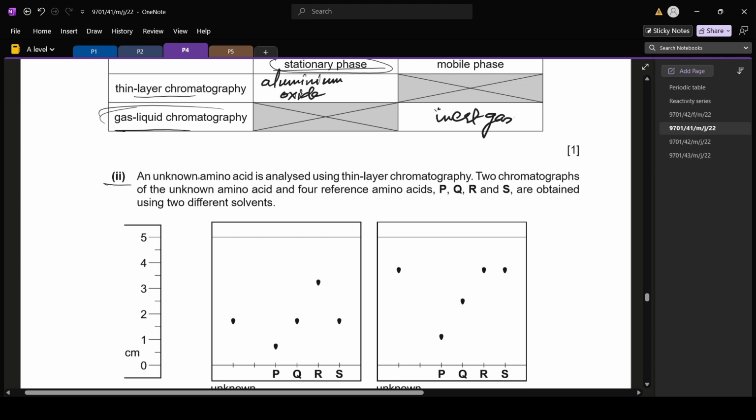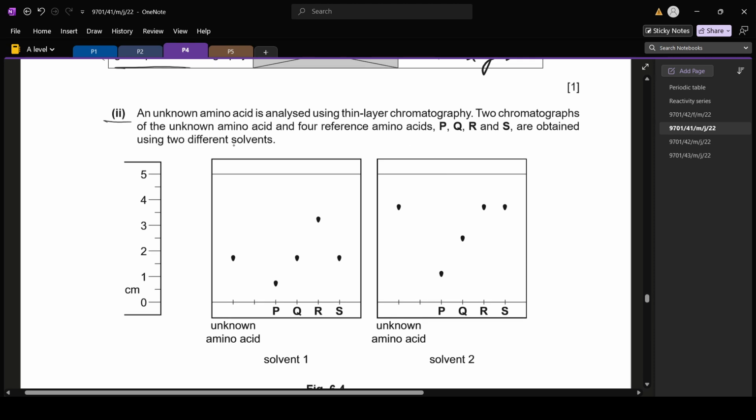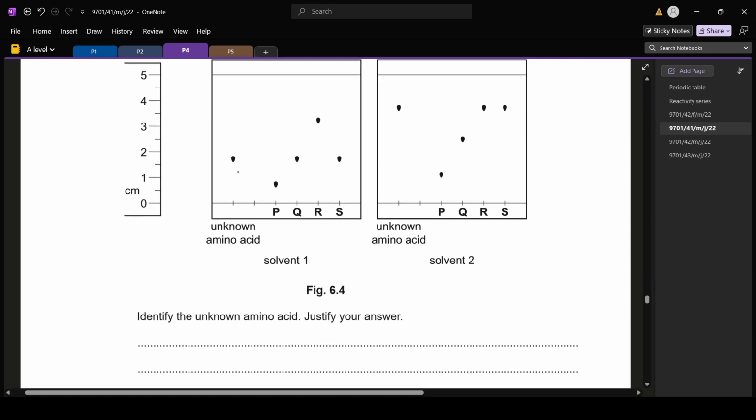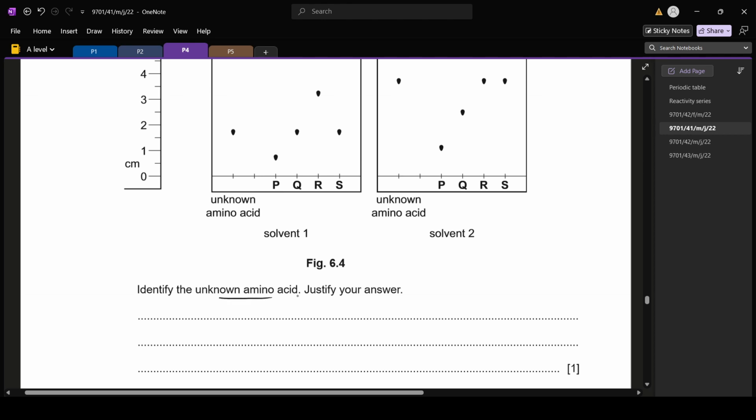Part 2, an unknown amino acid is analyzed using thin layer chromatography. Two chromatograms of the unknown amino acid and four reference amino acids P, Q, R and S are obtained using two different solvents. Identify the unknown amino acid. Justify your answer.